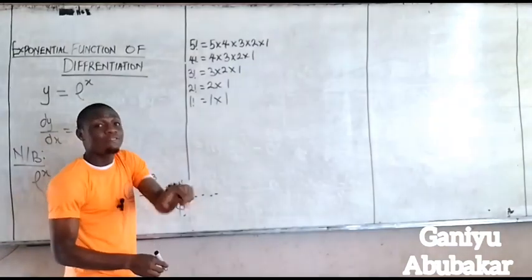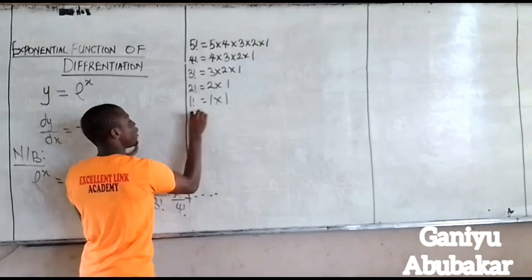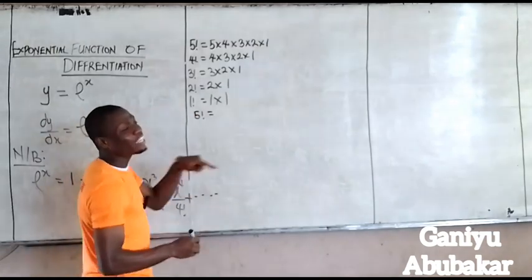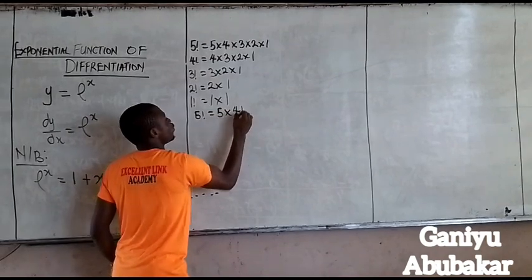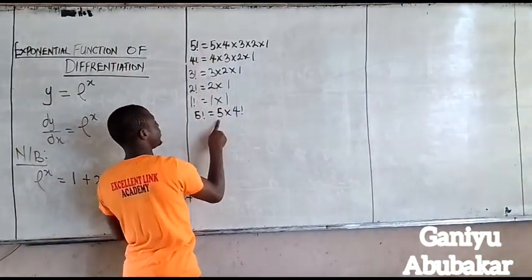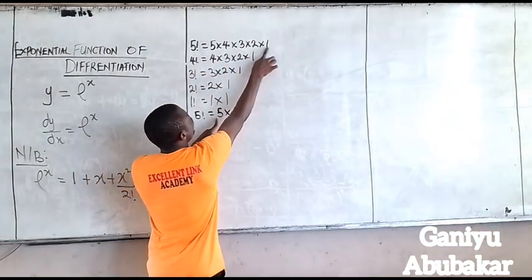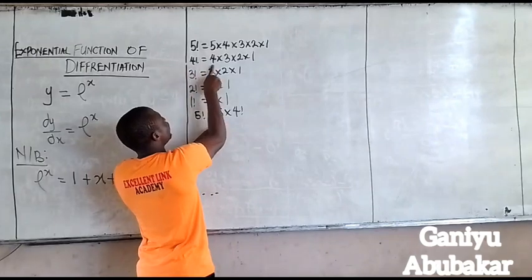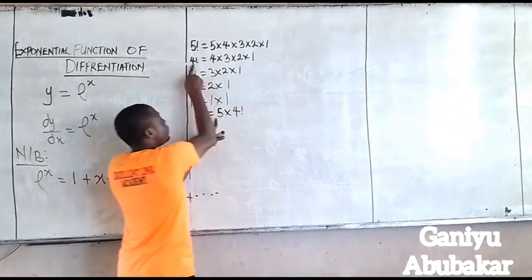Now, what I want you to observe from factorial is that I can write 5 factorial as 5 times 4 factorial. Why? Check. 5 factorial is 5 times 4 times 3 times 2 times 1, but 4, 3, 2, 1 together make 4 factorial.